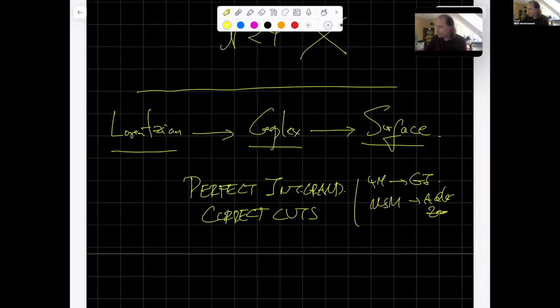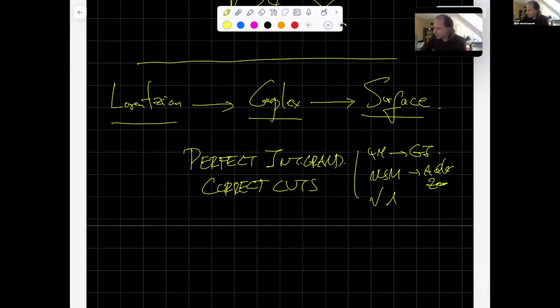And perhaps yesterday, Carolina, in her talk, may have talked about how we understand the Adler zero and various other extensions of it from facts about splits. But anyway, the fact that those things make sense means that the NLSM is, I think, just understood.